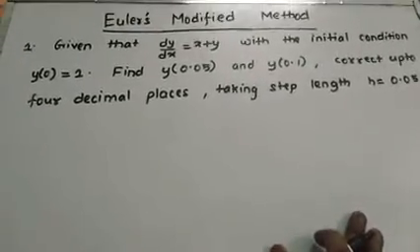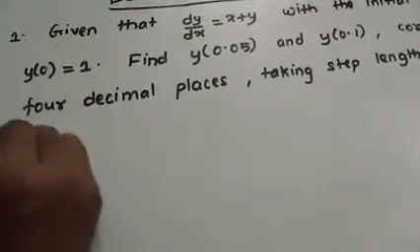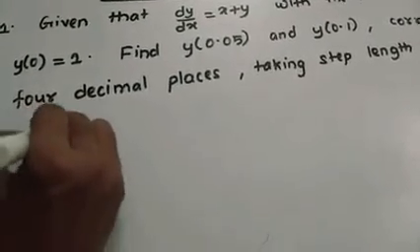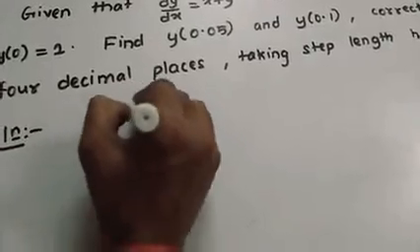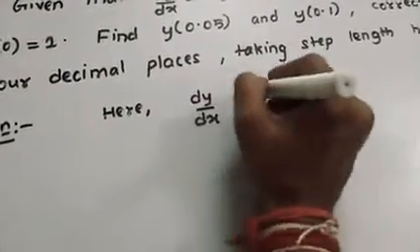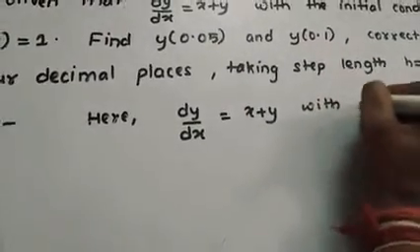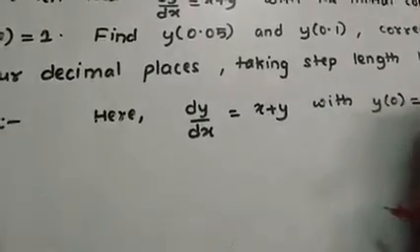First of all we will write what is given in the question. Here dy by dx is given as x plus y with the initial condition y of 0 equals 1.